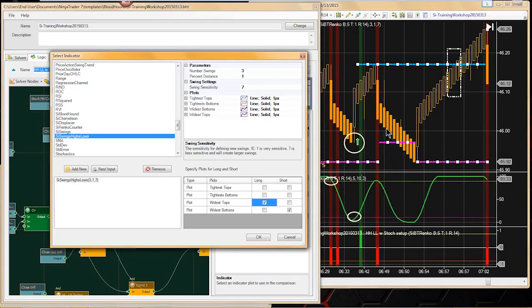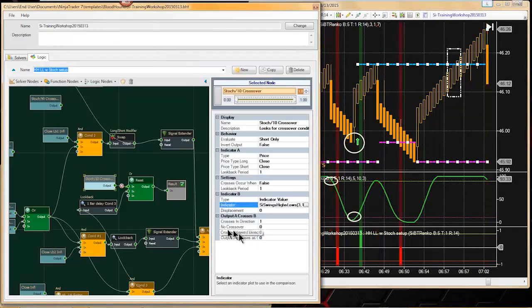So right when price crosses below our magenta line, that's a cross down, so that's going to be a short signal. And then when price crosses above the blue line, that's a cross up, so that's our widest top, so that's a long cross up.